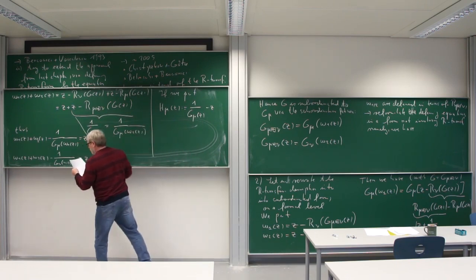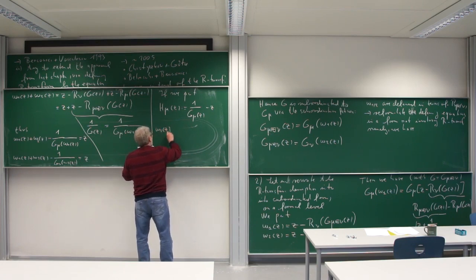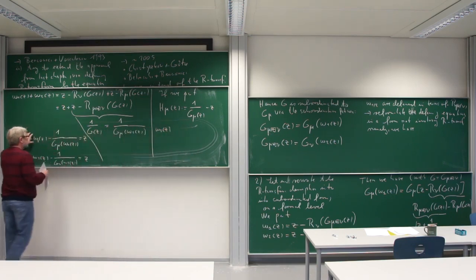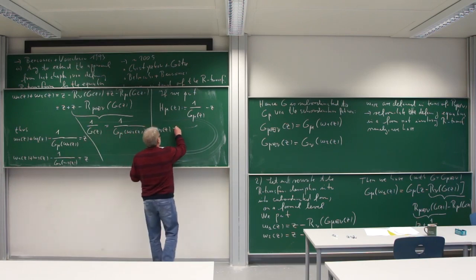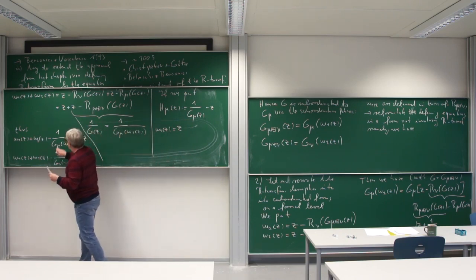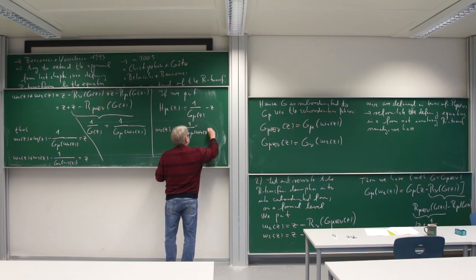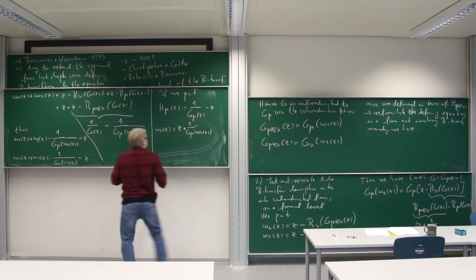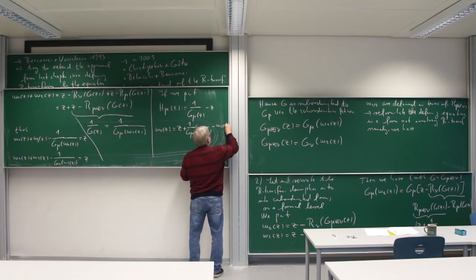So let me take the first equation. Let me write omega 2 of z. I take this equation, I bring the omega 1 on the other side, and this also on the other side. So omega 2 of z is z plus 1 over g mu of omega 1 of z minus omega 1 of z.